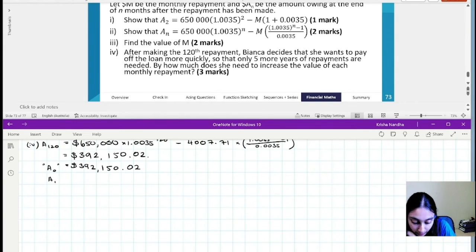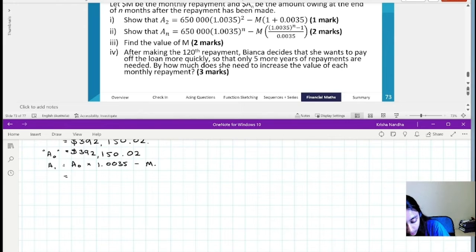So A1, we're going to go through this whole pattern making shebang again. A1 will be equal to A0 times 1.0035 minus M, so that'll be 392,150.02 times 1.0035 minus M.